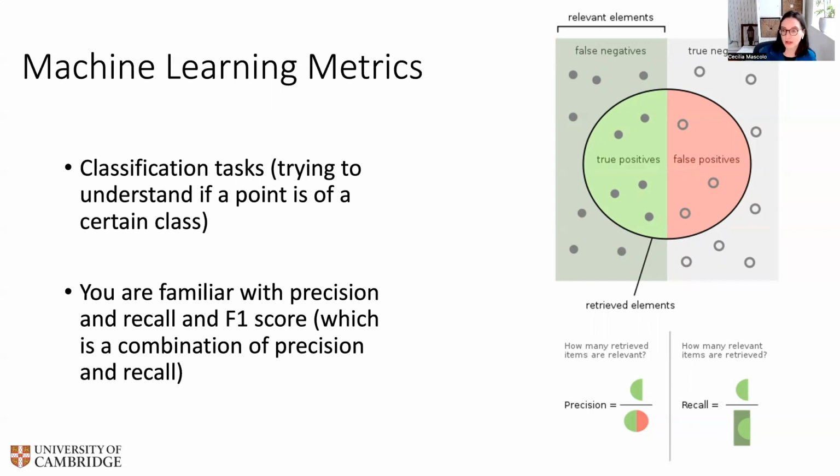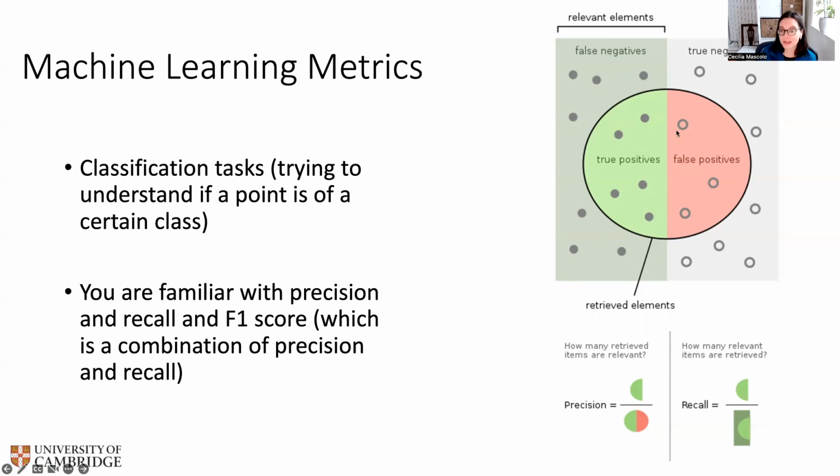Precision measures, of all the dots, these are the points that you're classifying. Let's say the solid dots are the ones that really should be positive, they are positive.